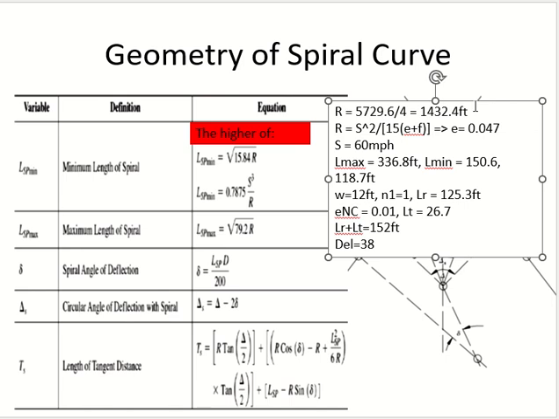How much is this small delta? 3.04. So small delta we have, LSP we have. Give me TS. How much is the tangent length?